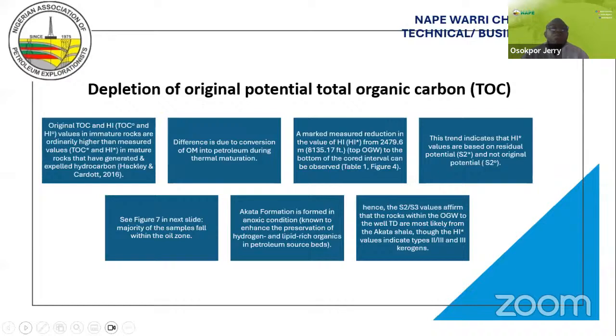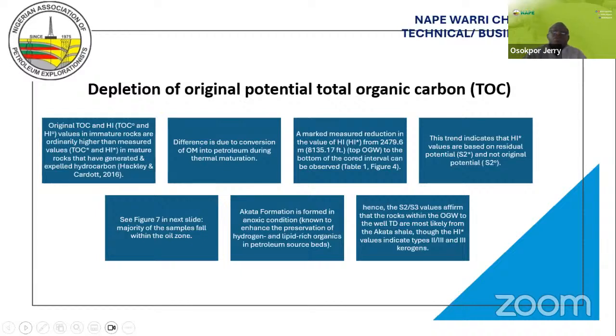Now, two conditions have been erected for this well to explain the anomalous occurrence of the parameters obtained for this well. Now, one is, let's look at the original potential of the materials, of the total organic carbon.